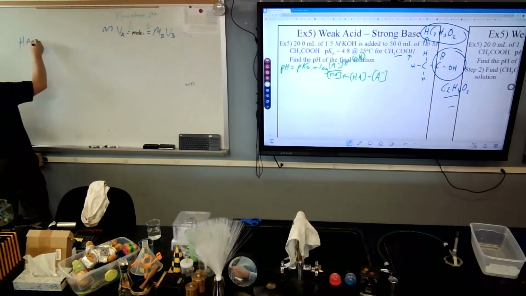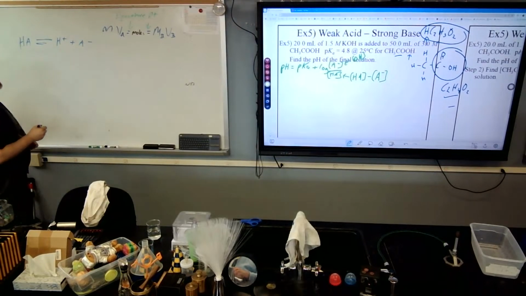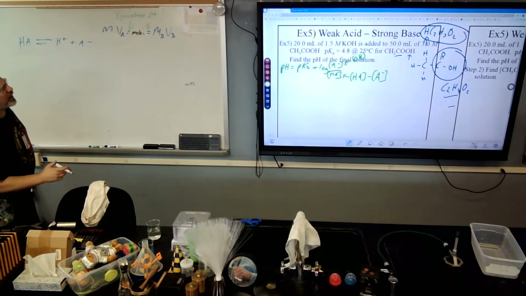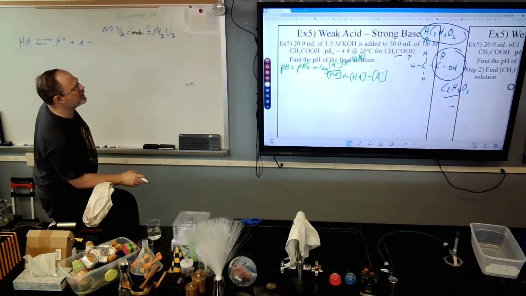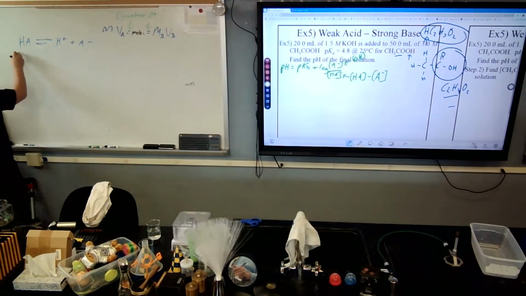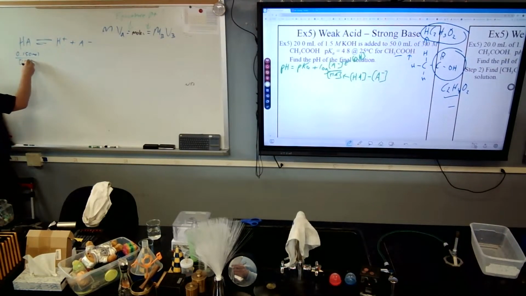Our HA is going to dissociate into H plus and A minus, and originally we have how much HA? 50 and 3, so that's 0.150 moles. Check my math. Is 3 times 0.05 equal to 0.15? Yes. Okay, so there's the moles, and we're doing it over a volume of 0.070 liters.